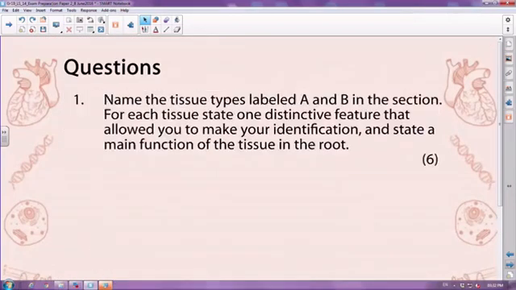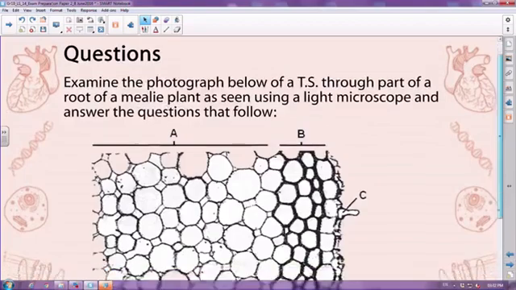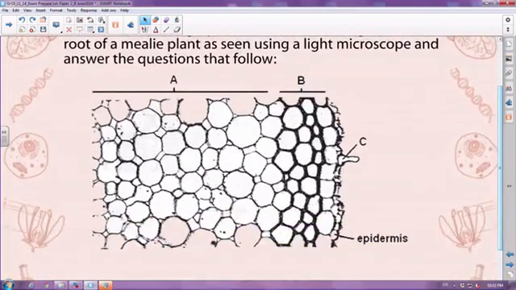The first one is name the tissue types. It's quite important, because when we look at the diagram of the root, for example this area over here, they've asked you for the type of tissue. Another kind of question could be, what is this area called?